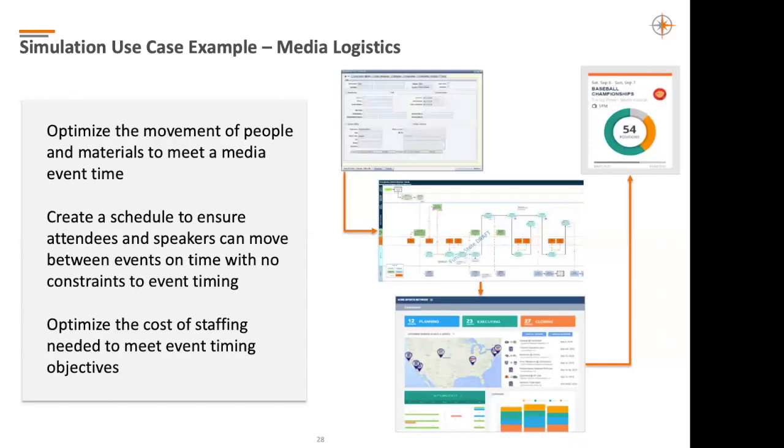And there's a lot of complexity and scheduling to get that done. So simulation modeling can apply there as well, where you're trying to pull together all of these different crews, cameras, lighting, equipment, etc., all at one point, and do it cost effectively and with the right level of staffing.